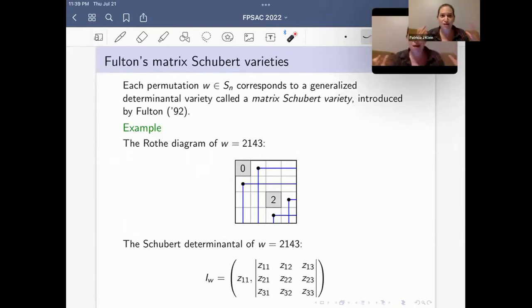Okay, so from this decomposition of the general linear group indexed by permutations, we have now gotten ourselves to an affine variety. These affine varieties are indexed by permutations. And so here I want to tell you really concretely how to start from a permutation and get an ideal in a polynomial ring. So our permutations, we'll think of them as permutation matrices. For example, 2, 1, 4, 3, conveniently an involution.